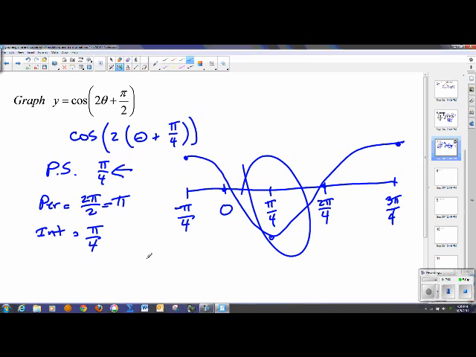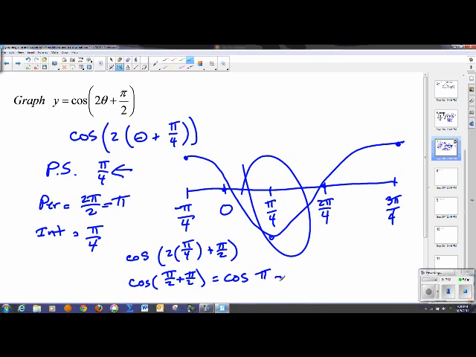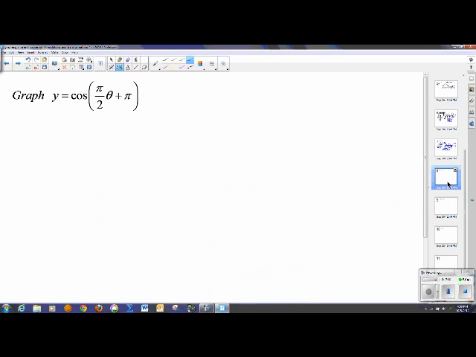So I plug that in, and I get the cosine of 2 times pi over 4 plus pi over 2, which gives me the cosine of pi over 2 plus pi over 2, which is equal to the cosine of pi, which equals negative 1. So it checks. Next example.